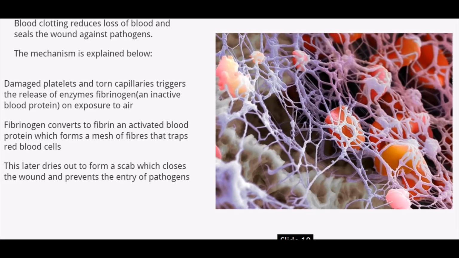Damaged platelets and torn capillaries trigger the release of enzymes, fibrinogen, an inactive blood protein, on exposure to air. Fibrinogen converts to fibrin, an activated blood protein, which forms a mesh of fibers that traps red blood cells. This later dries out to form a scab, which closes the wound and prevents the entry of pathogens.